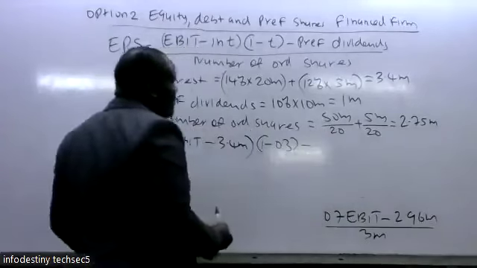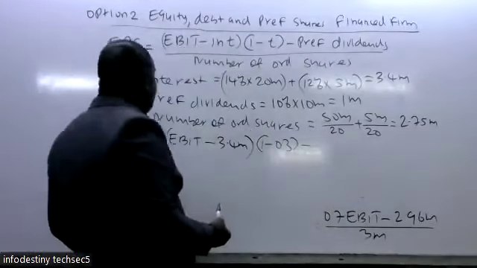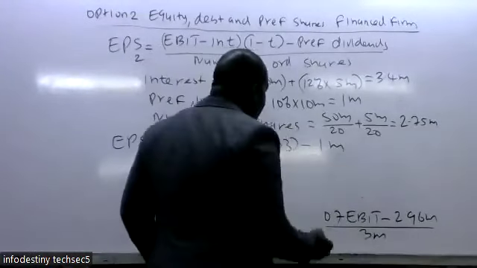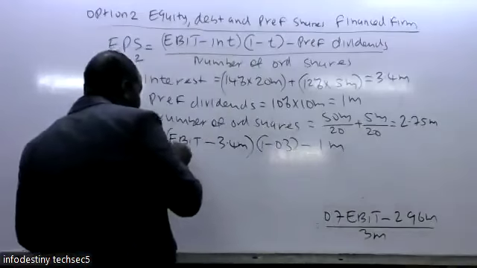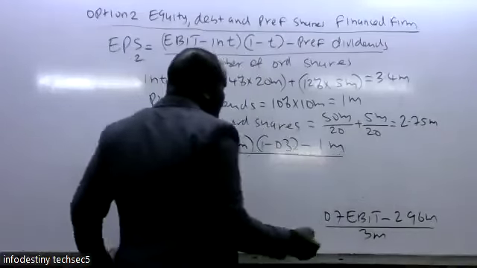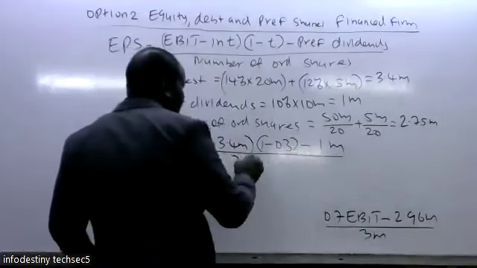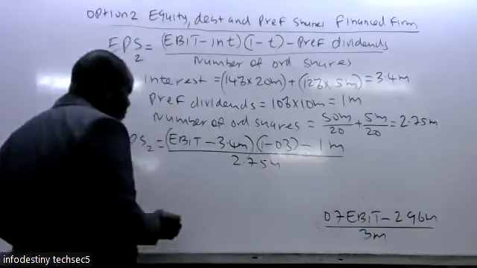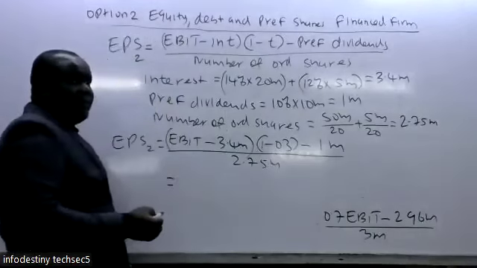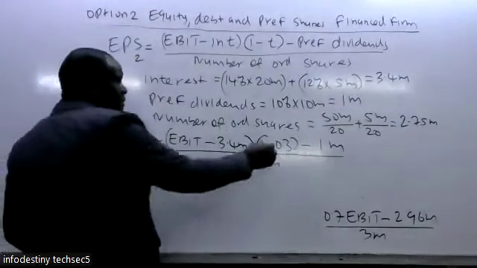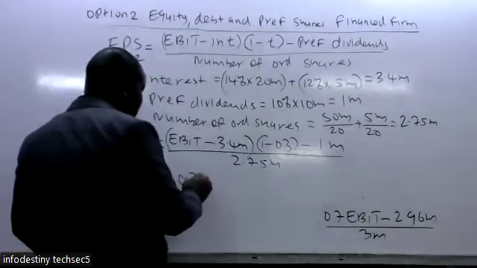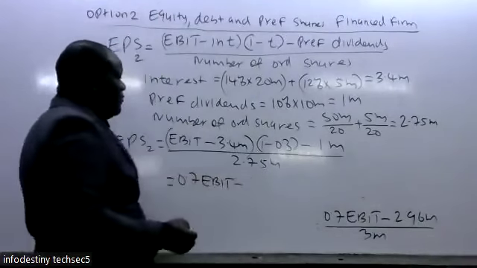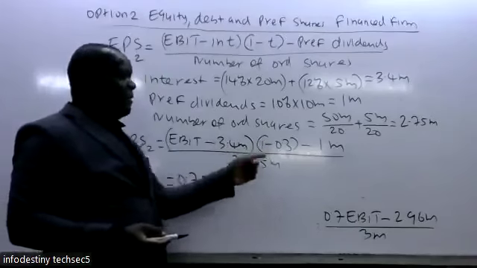Then we subtract the preference dividends, and the number of the ordinary shares now are 2.0. So we open the brackets. So this is 0.7. So it will be 0.7 earnings before interest and tax. Then when you take 3.4 multiply 0.7.